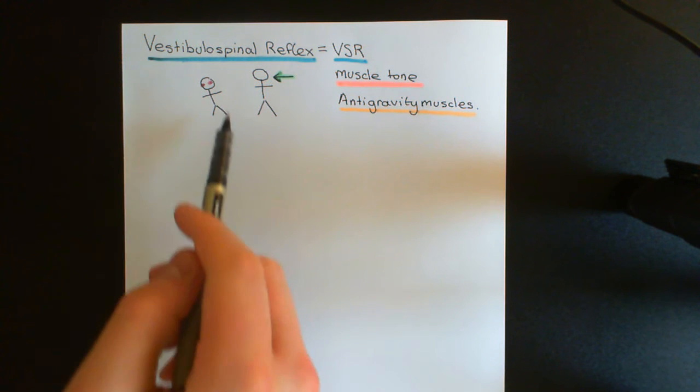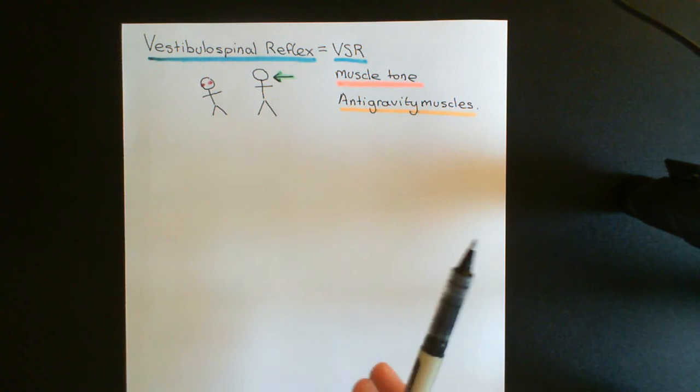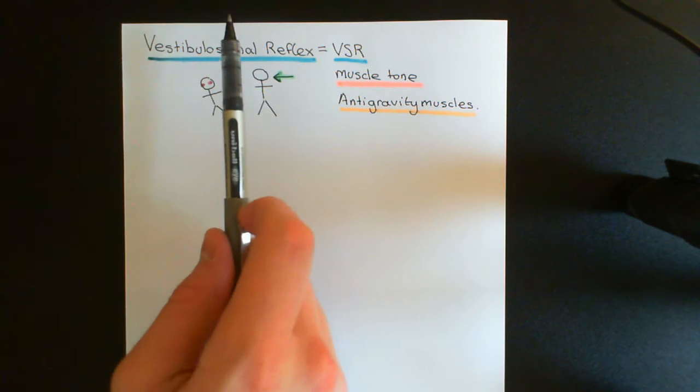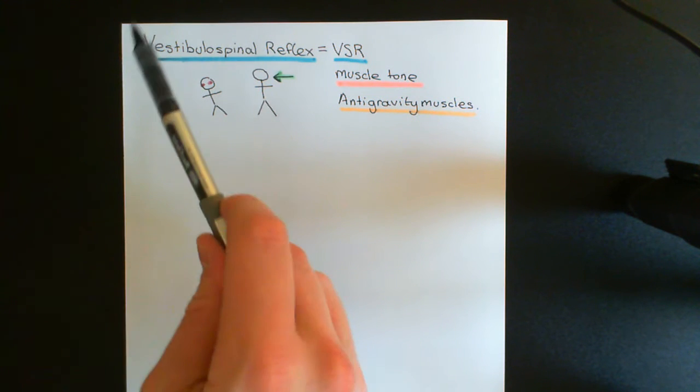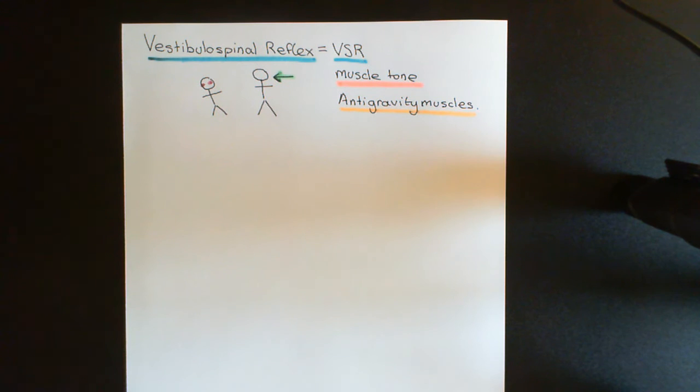Of course, some bipolar neurons might actually be inactivated by you tilting. Those are not the ones that are going to take part in the vestibulospinal reflex. Okay, ones that were activated when you were in the upright posture and are inactivated maybe by the tilt now, those are not going to be part of the vestibulospinal reflex. It's going to be the ones that are activated when the body tilts over.